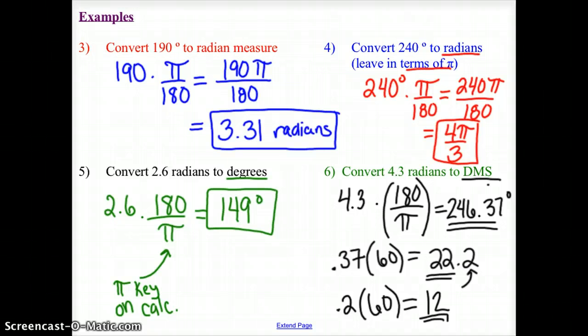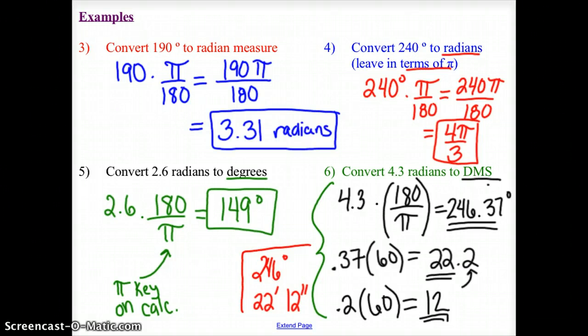So my answer, if I put all of this together, is 246 degrees, 22 minutes, and 12 seconds. And there is my answer. I got my degrees when I did the conversion factor. I got my minutes when I multiplied my first decimal by 60. And I got my seconds when I multiplied my second decimal by 60 again.